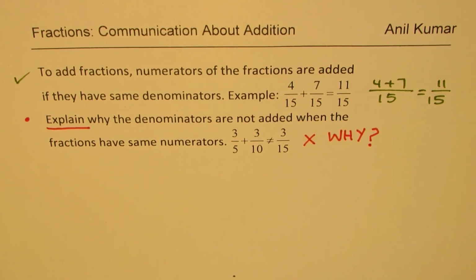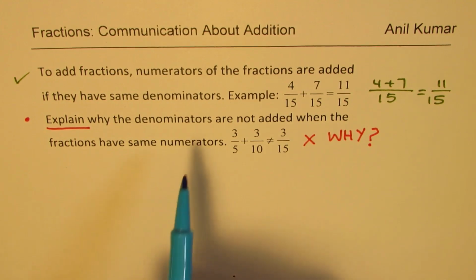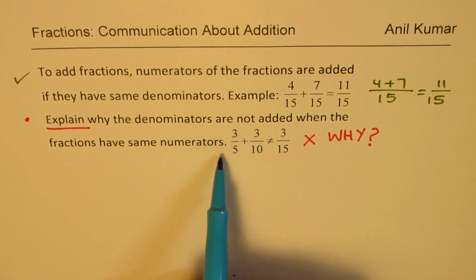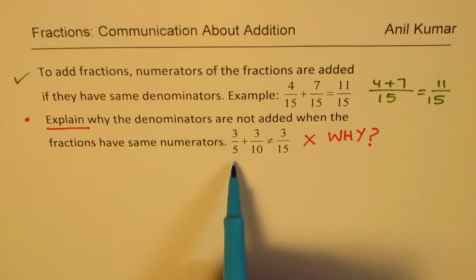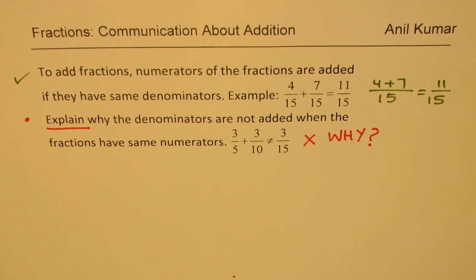So let's try to understand the concept, and we'll get to why we are not adding the denominators when the numerators are exactly the same, as in our case 3 over 5 plus 3 over 10. Well, think about it like this.